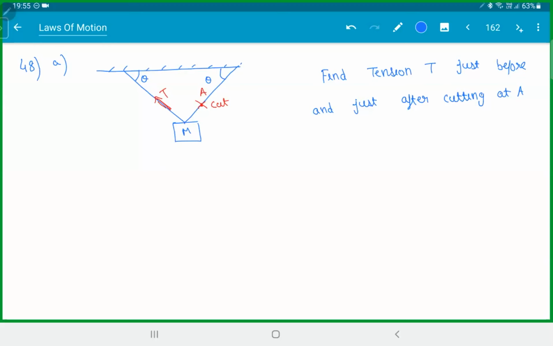Okay. The first part was easy. So before cutting, this was theta, theta, and theta.